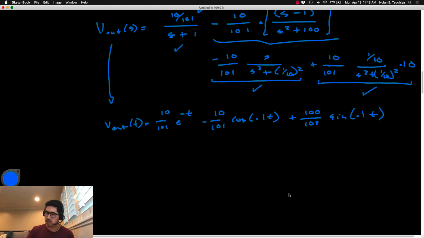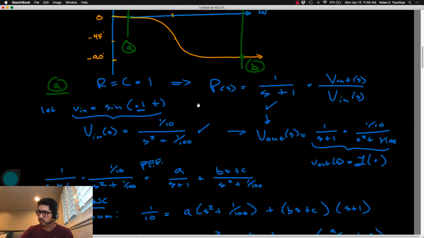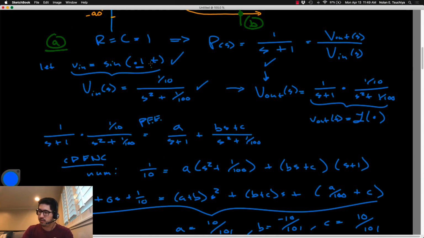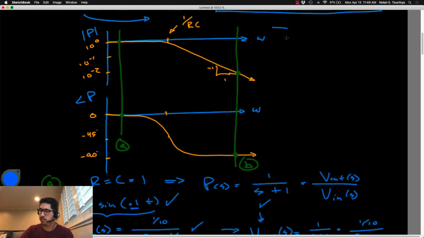So this is our actual output. This is the actual voltage output if we were to apply this input, sine of 0.1t, into the low-pass filter that has this Bode plot here.